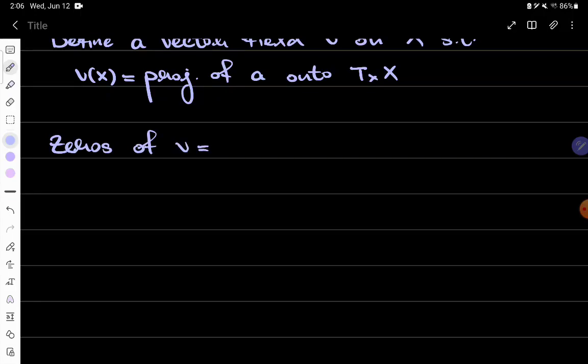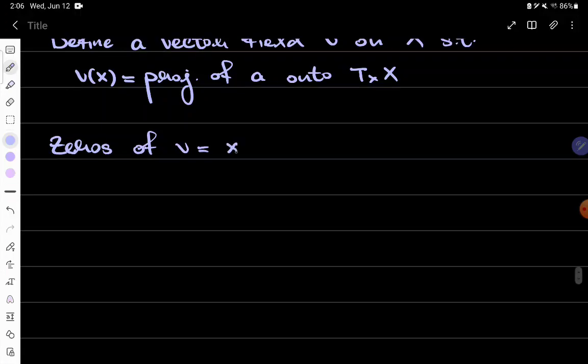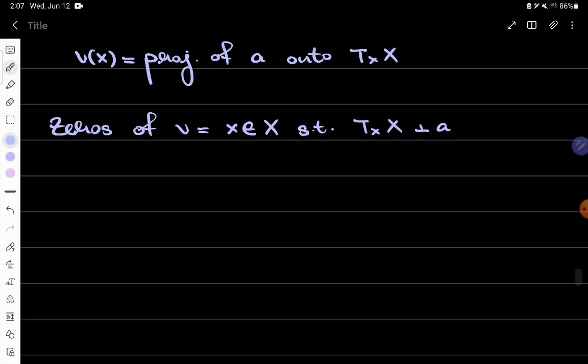Well, the zeros are exactly those points for which the tangent space is going to be orthogonal to A. So this is going to be the locus of points here such that this is orthogonal to the normal vector at this point.